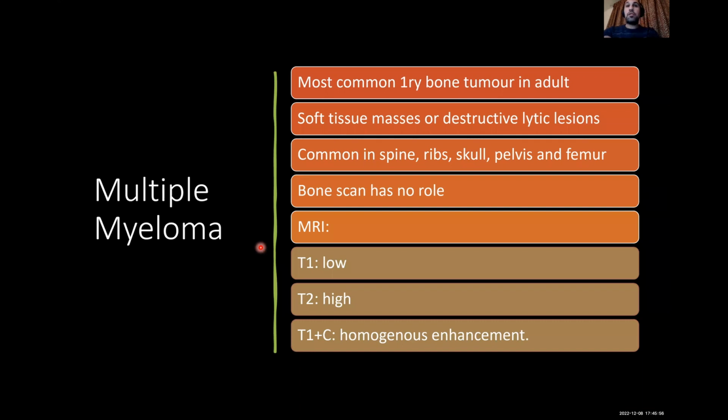Multiple myeloma is the most common primary bone tumor in adults. It can present as soft tissue masses, as the literature says, which is not so practical. When it is one single lesion, it is plasmacytoma.